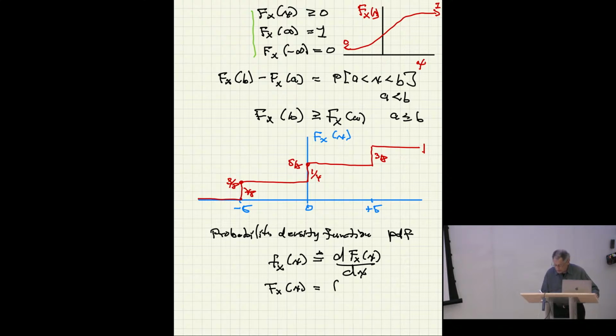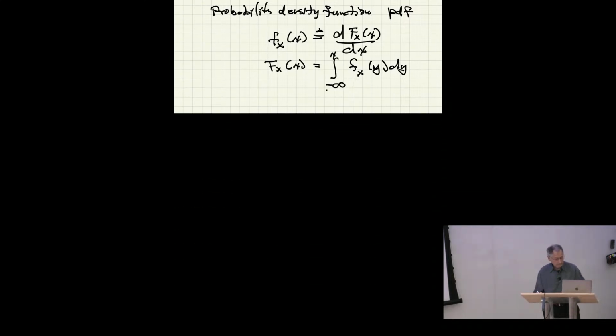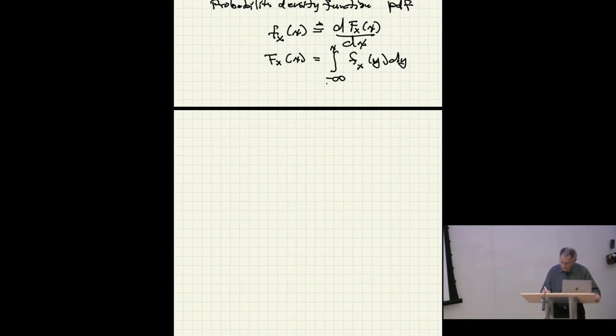It's the integral from minus infinity to little x of f sub x of y dy. And the main property is that that quantity is never negative. It's always greater than or equal to 0.